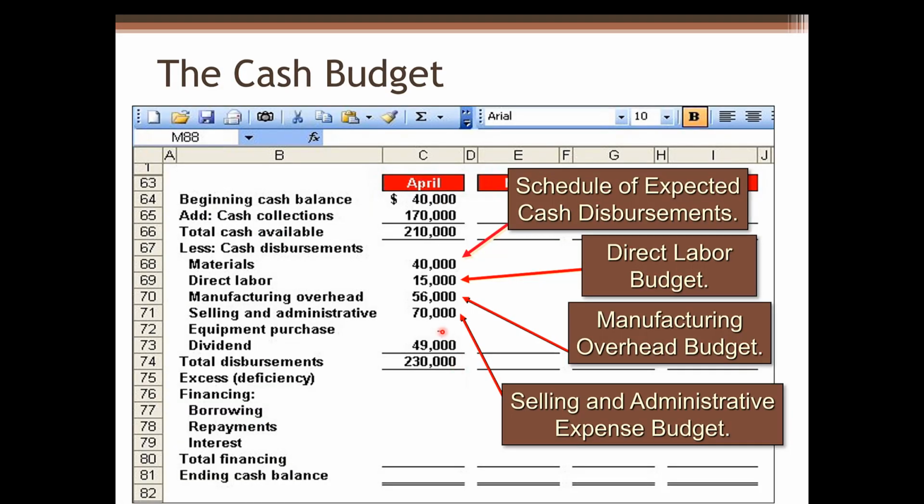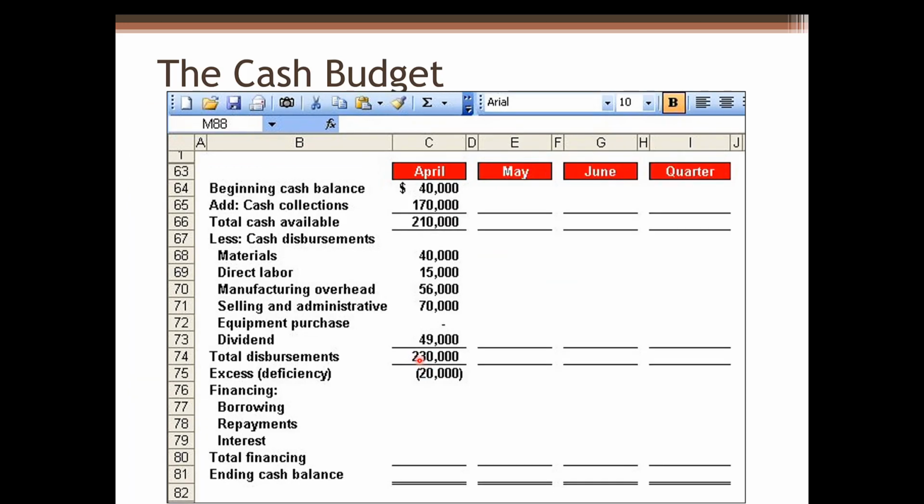Equipment purchase, not in April. Cash dividend is paid in April, $49,000. So we add total cash disbursements together, $230,000. We subtract total disbursements from total cash available. It's a negative number.